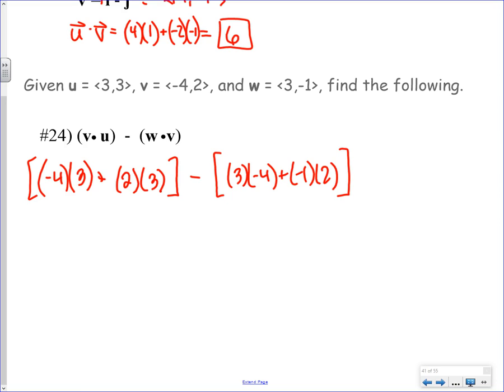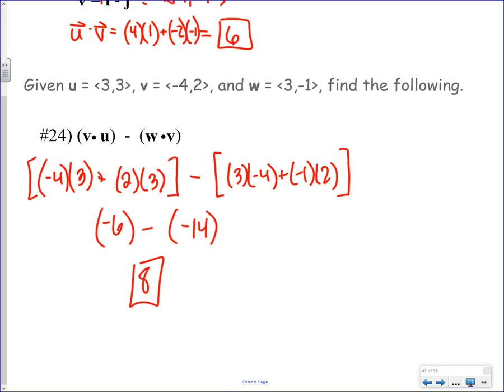Good so far? W dot v? Multiply the horizontal components. Multiply the vertical components. Add them. So then we get negative 12 plus 6, which is? And then we added negative 12 minus 2. Final answer should have been?